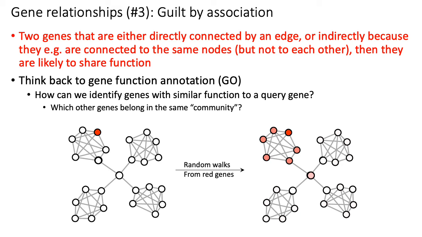So if two nodes aren't directly connected, but they're connected to each other through somebody else, then the idea of guilt by association is that you're likely to share the same function. Basically, the more connections gene A has with gene B, the more likely that gene A shares similar function as gene B. So that's what guilt by association means.